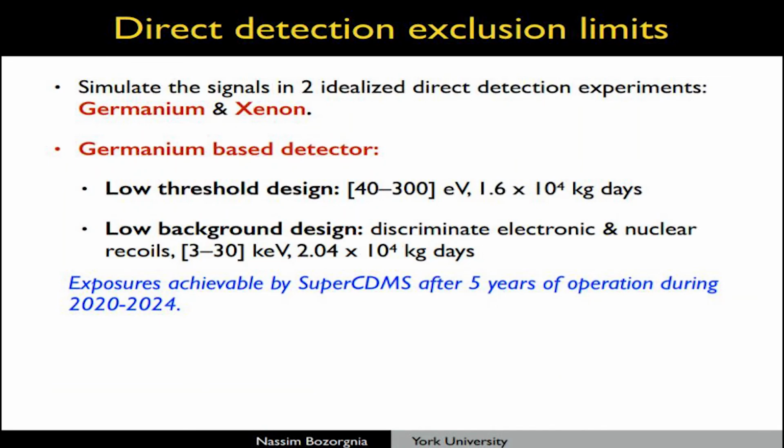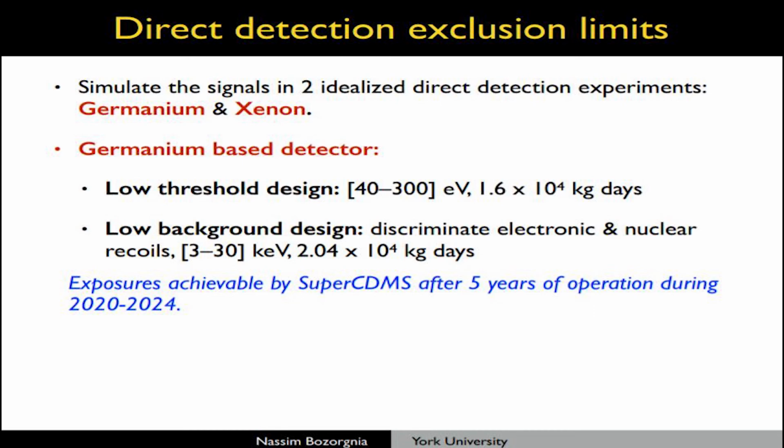And so we wanted to look at 2 future detectors. So we simulated the signal into idealized germanium and xenon detectors. And for the germanium detector, we used 2 different designs, which is similar to the CDMS or SuperCDMS designs.